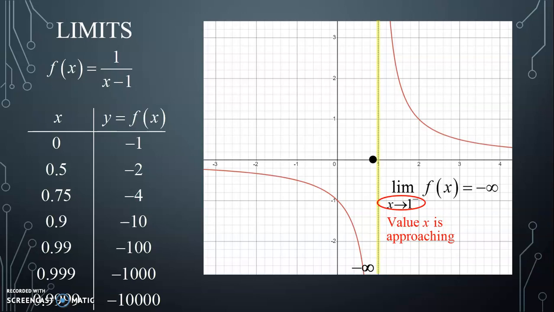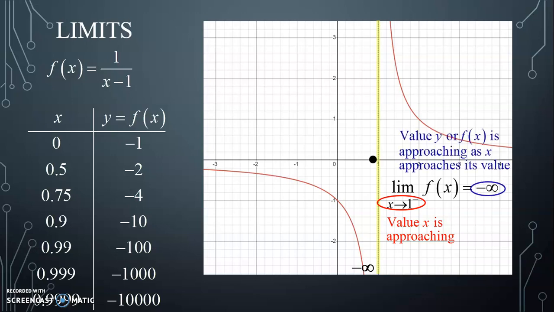Over here we can see the arrow indicating that x is not really equal to 1, it's approaching 1, and that negative in the exponent of 1 indicates that we're approaching x from the left. We need to be specific on whether we're approaching x from the left or from the right, because they can be two different limits. So when x is approaching 1 to the negative, it means x is approaching 1 from the left.